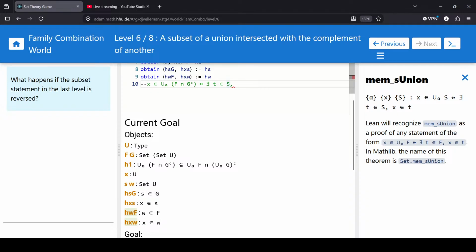Well, S is F inter G combo, X in T. So that implies what?